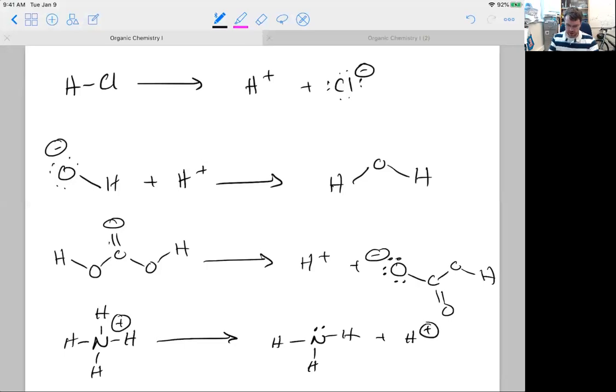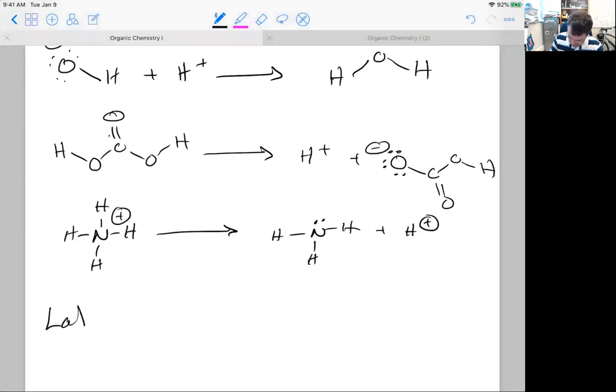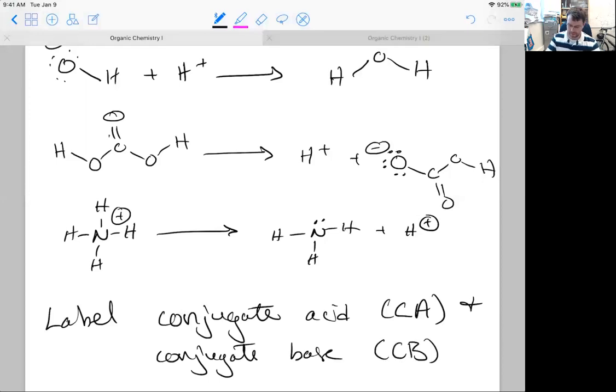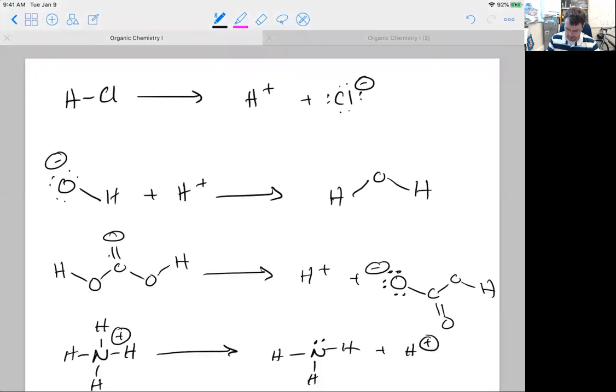What I want to do is for each of these, label the conjugate acid, which I'll call Ca, and conjugate base, which is Cb.